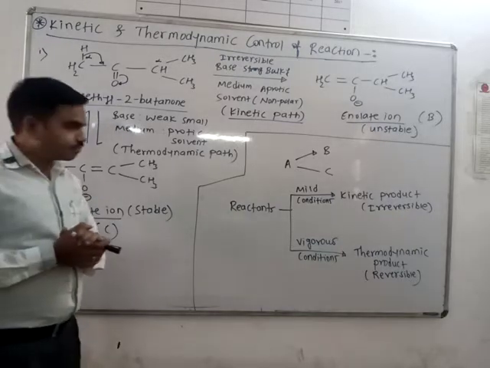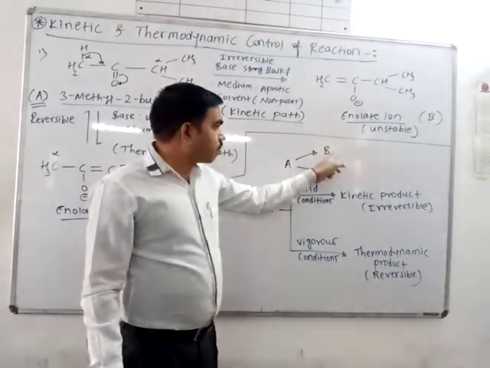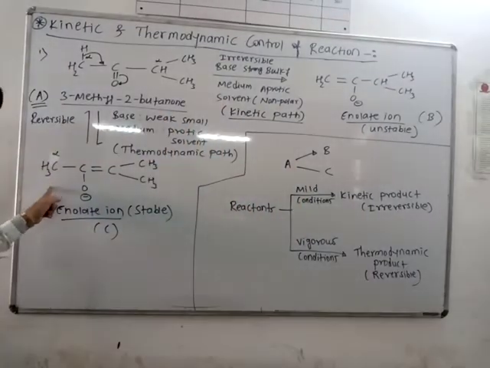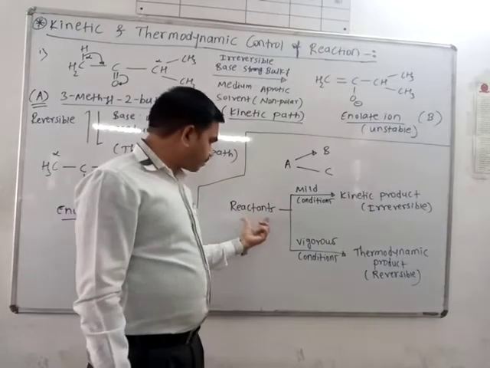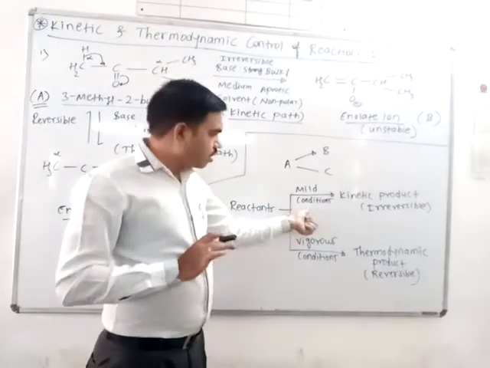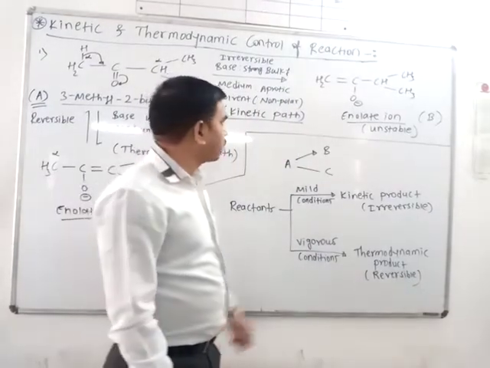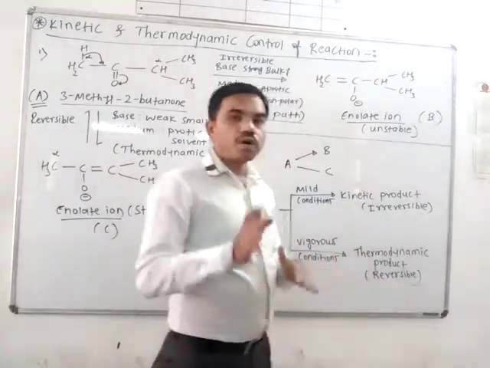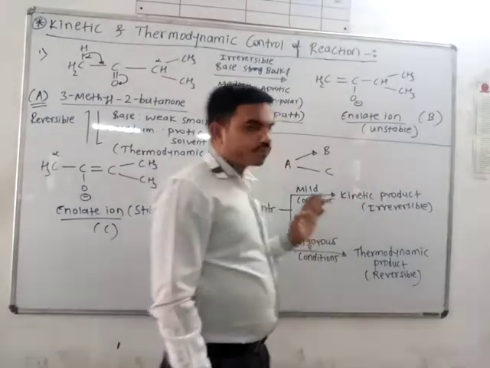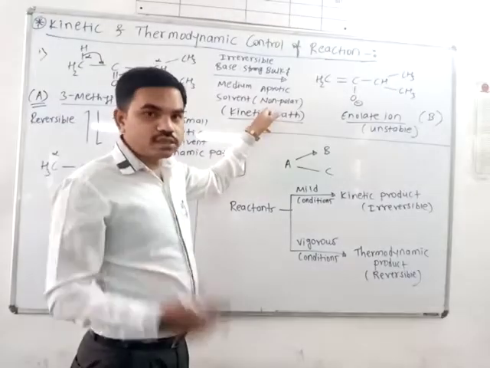Our reactant is A, and from A, B can form and C can also form, as I told you. So our reactant, if we use mild conditions, the reaction will follow the kinetic path, and whatever product we get is the kinetic product, which is nothing but the irreversible one. Is the reaction reversible here? No, so irreversible.